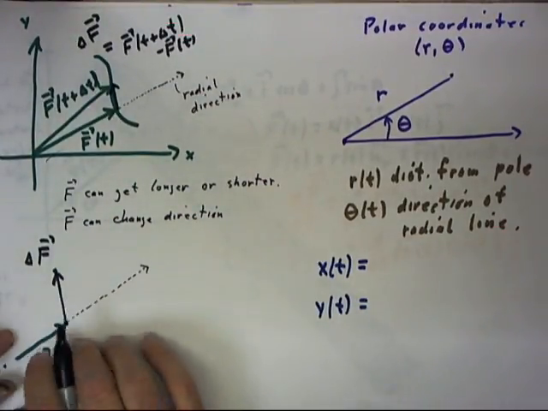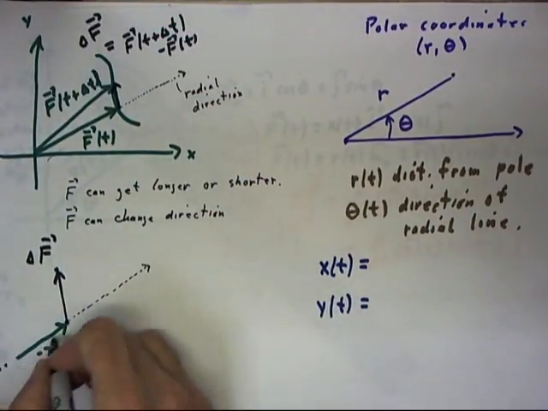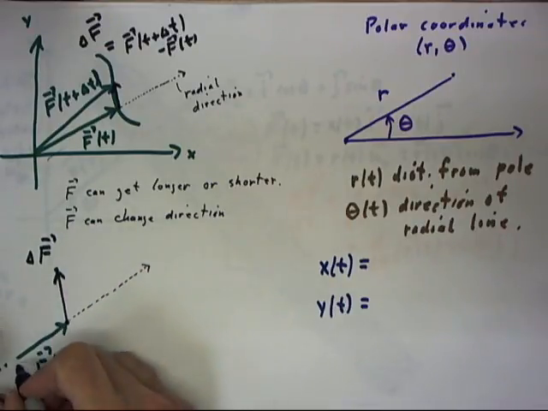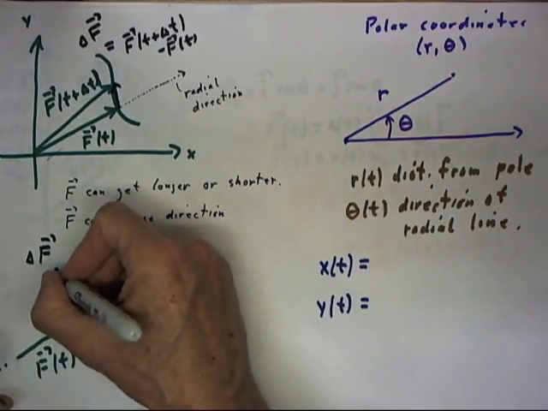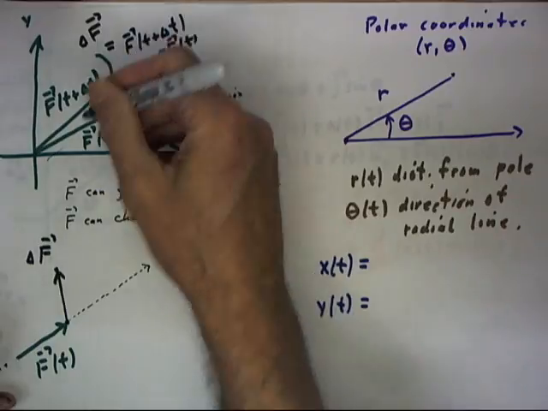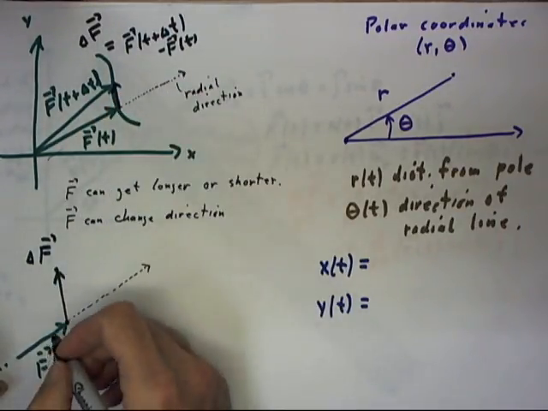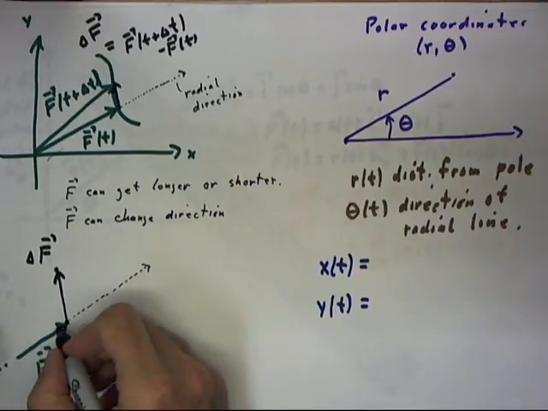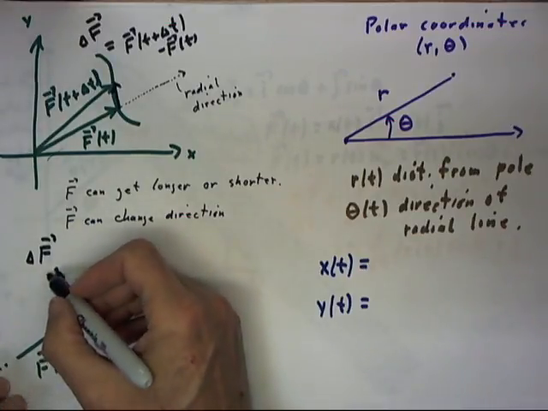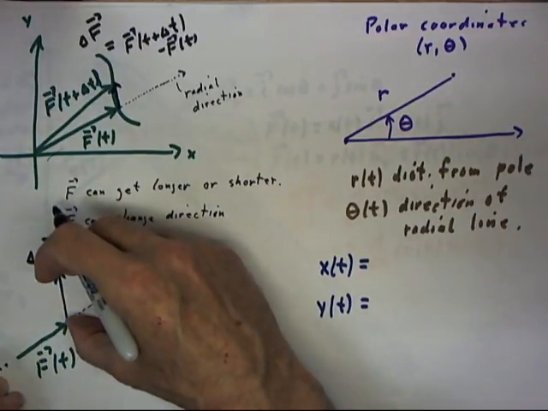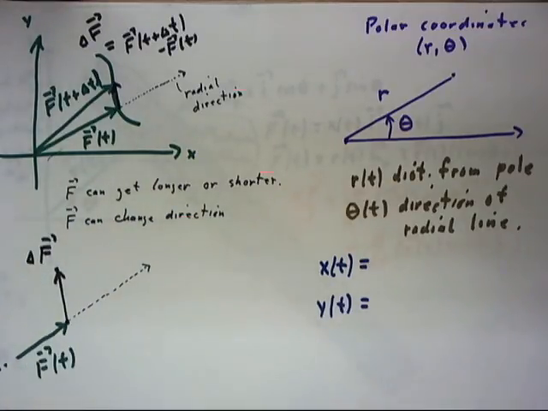Now let's look at a slightly bigger picture of the same thing. Here's our f of t, and here's our delta f. Pretty much in the orientation we see it in this picture. I haven't drawn the rest of the picture, but we understand that we have an f of t, here we have an f of t plus delta t, and here's the delta f, the difference between those 2 vectors.